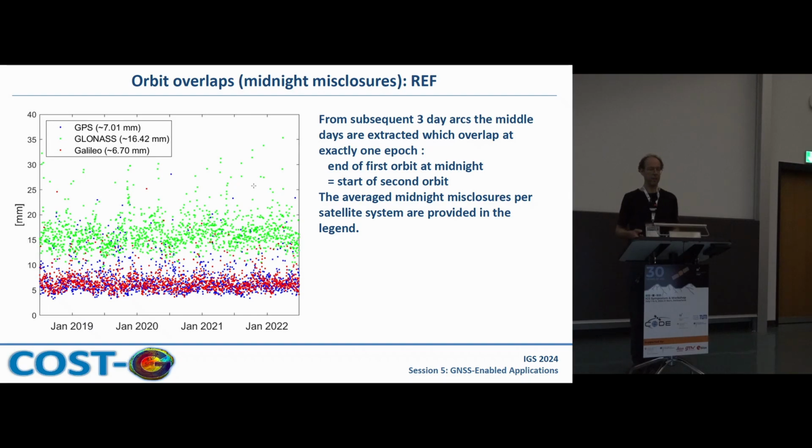And then for comparison, orbits derived from the COST-G fitted signal model, we computed orbits for 4 years, 2018 to 22, so quite a lot of data.